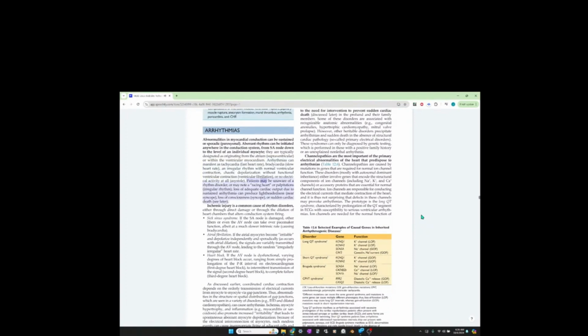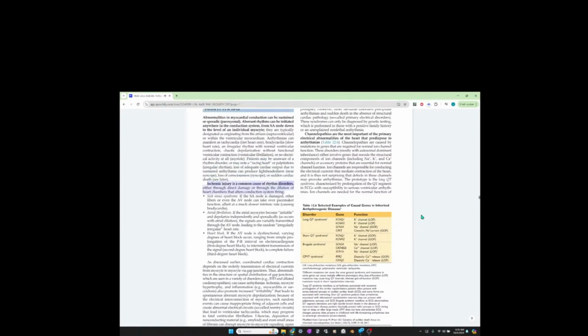Patients may be unaware of a rhythm disorder, or may note a racing heart or palpitations. Loss of adequate cardiac output due to sustained arrhythmia can produce lightheadedness, loss of consciousness, or sudden cardiac death. Ischemic injury is a common cause of rhythm disorders, either through direct damage or through the dilation of heart chambers that alters conduction system firing.